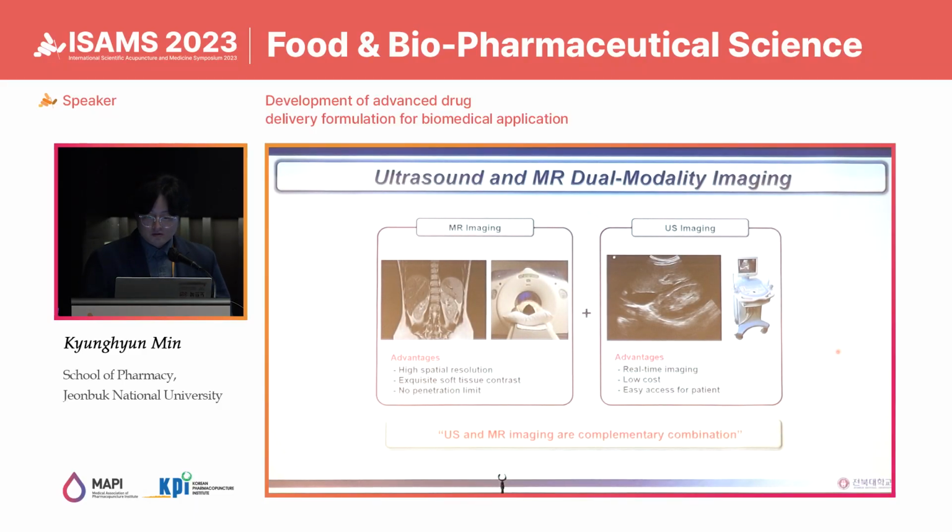US and MR is a complementary combination, combining the advantages of each imaging modality. MR is characterized by high spatial resolution, whereas ultrasound is real-time imaging and has the advantage of easy access for patients.